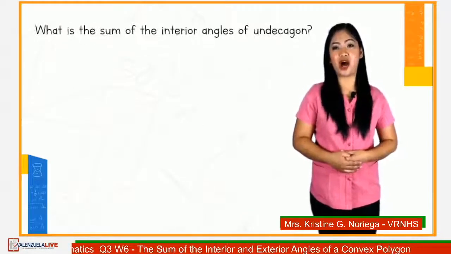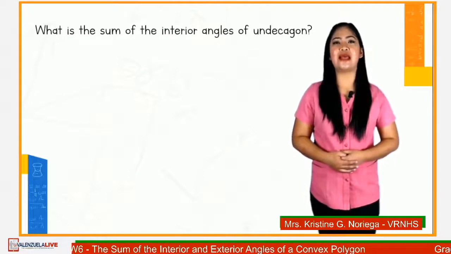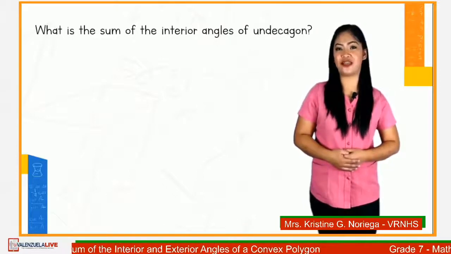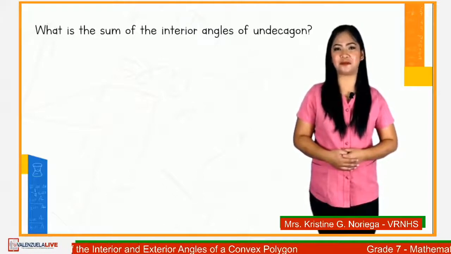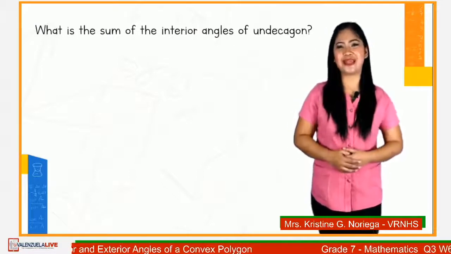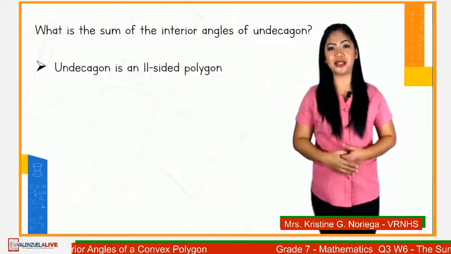Let us try another one. What is the sum of the interior angles of an endecagon? So, to start solving this, you need to know how many sides there are in an endecagon. What do you think? You are right! An endecagon is an 11-sided polygon.